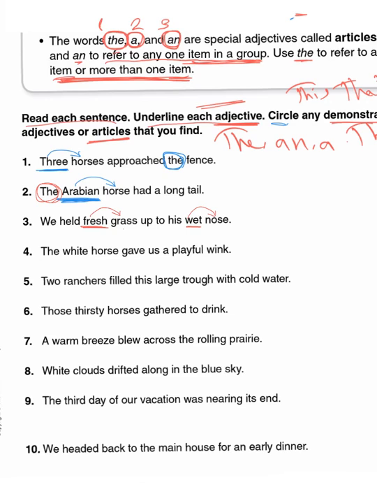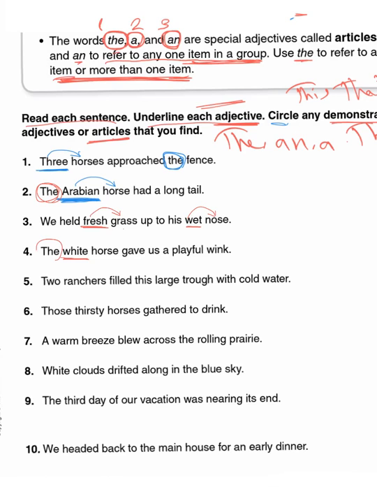Number 4. The white horse gave us a playful wink. The white horse. What kind of horse was it? It was white. So, white is the adjective. Before white, what do I have?